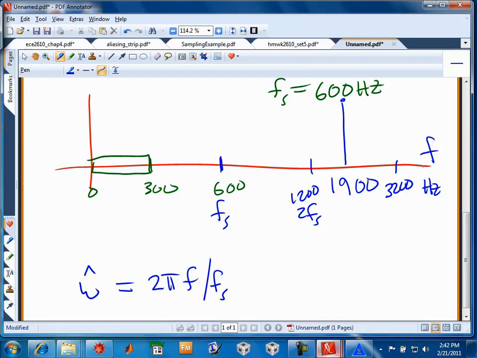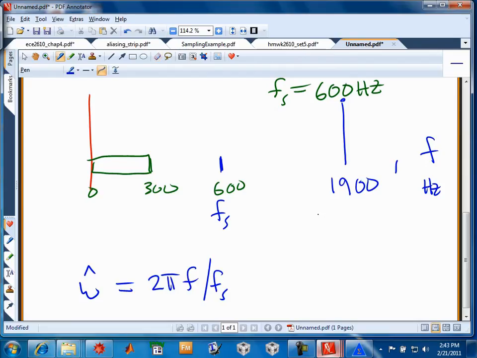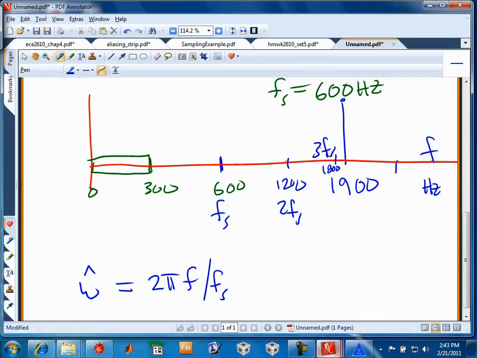No, 3fs lies at 1800. I didn't draw this to scale, so I got to scratch it and start over again. Do a little bit better at least. Still kind of crunched up, but so 600, 1200, and 1800, and then 4 times fs is 2400, right?